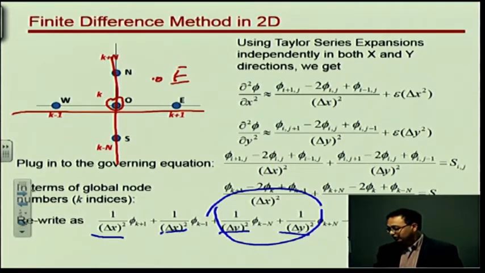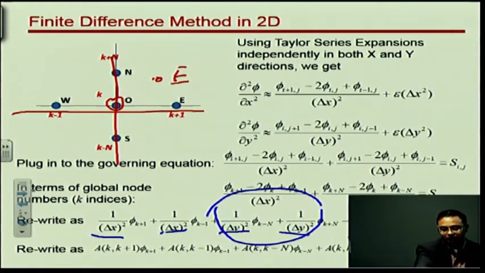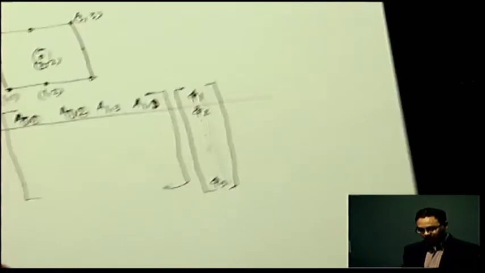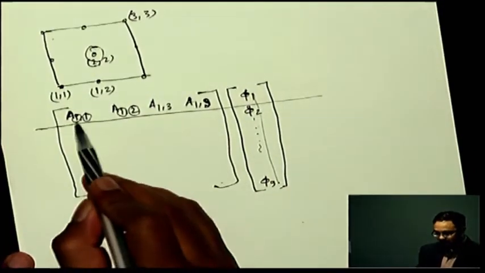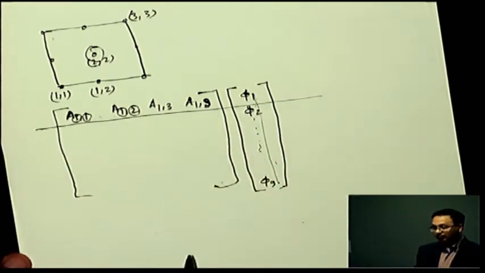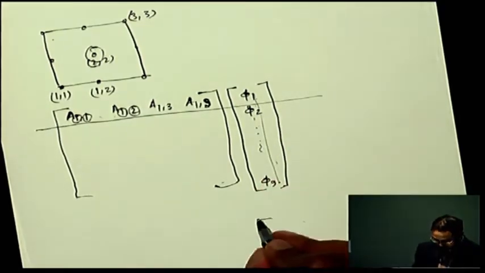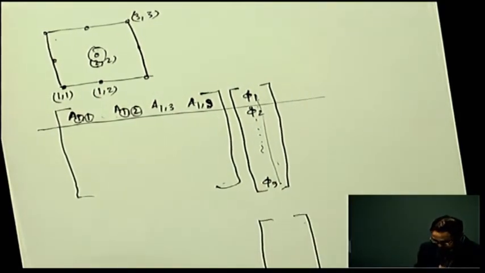In general I could also write this in the matrix form, which is what I was showing you here, that you could have A11 times phi1, A12 times phi2, and so on in that form. So that's the same as writing it if I have a generic phi k right here.